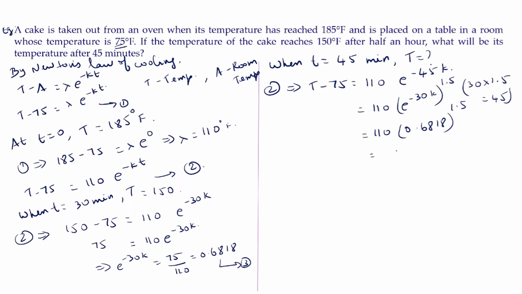Now, this 0.6818 the whole raised to 1.5 is 0.563, so this is equal to 61.93. So, T is equal to 75 plus 61.93, or it is equal to 136.93. So, after 45 minutes, the temperature reaches 136.93 degrees Fahrenheit.